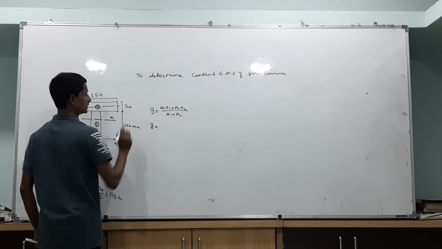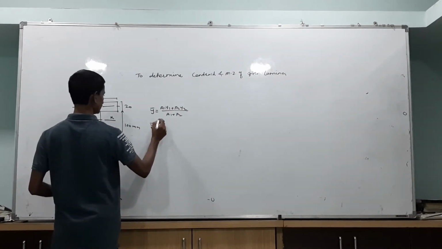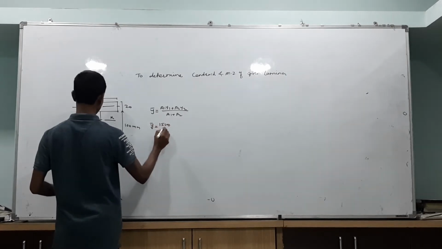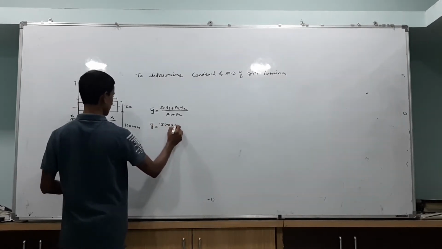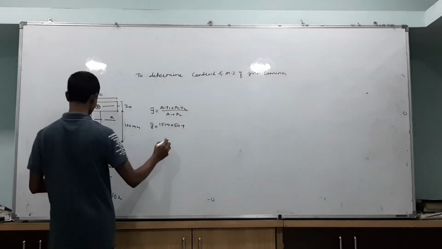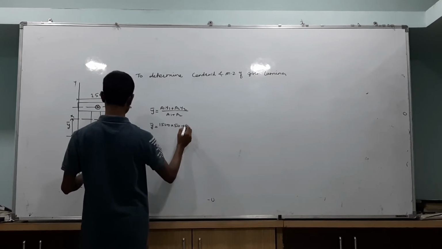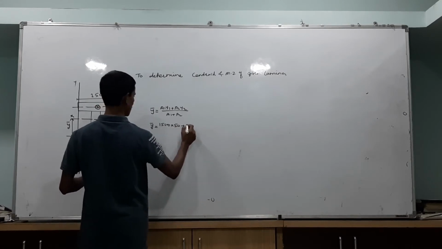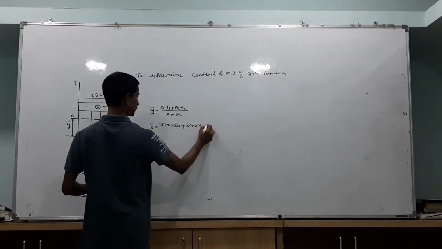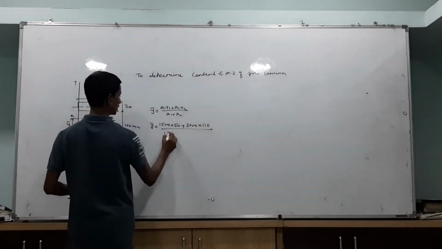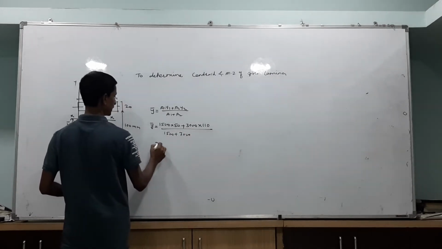So y bar is equal to A1 is 1500 into y1 is 50 plus A2 is 3000 into 110 divided by A1 is 1500 plus 3000. So we can calculate the y bar.